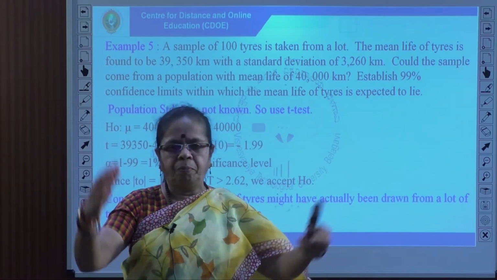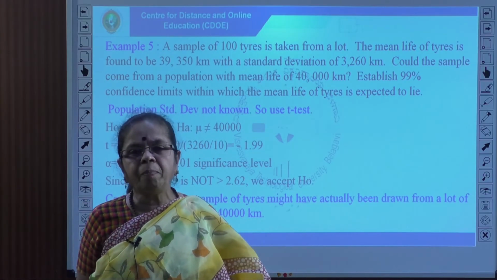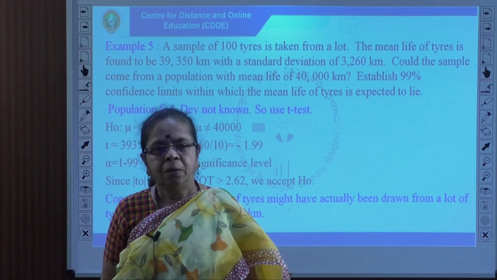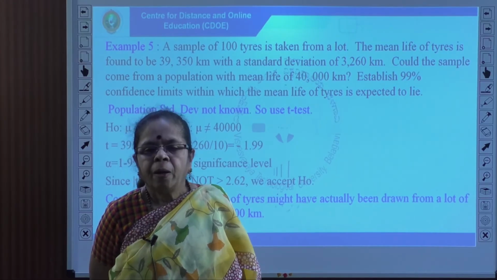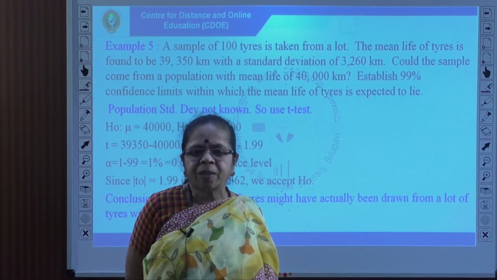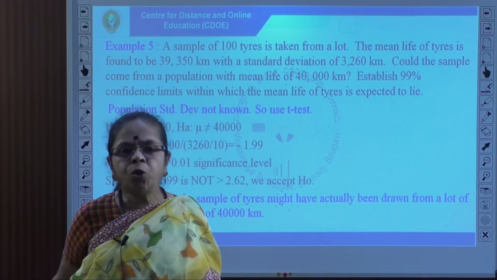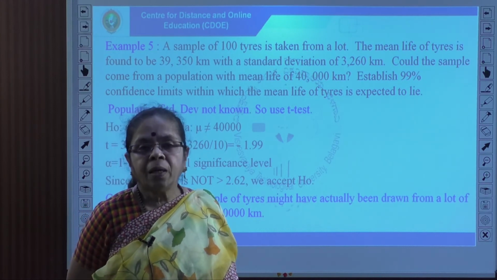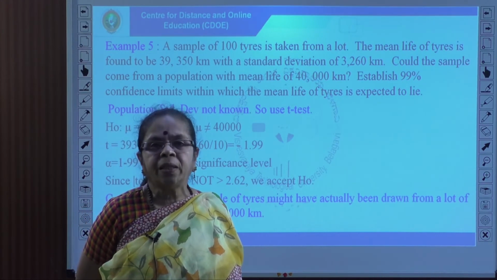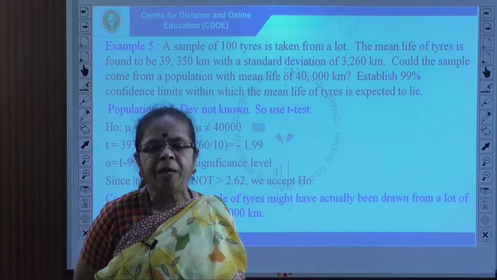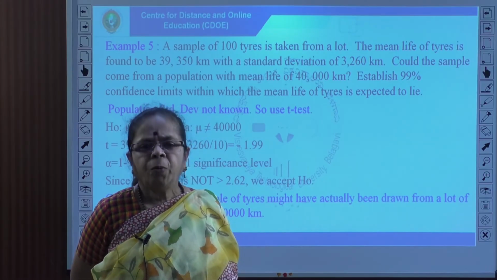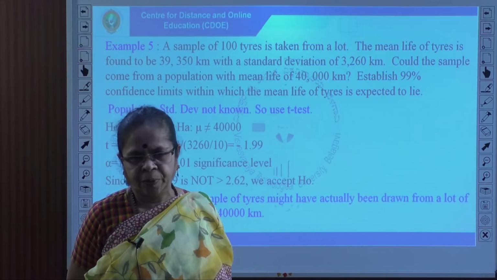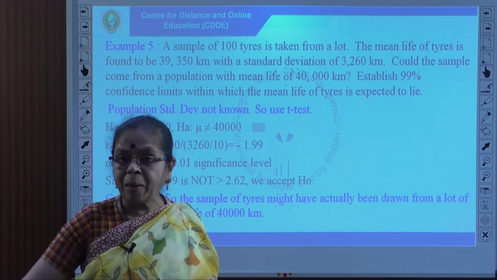I have a tire manufacturing company, I take 100 tires randomly and the mean life of these 100 tires is found to be 39,350 kilometers with a standard deviation of 3,260 kilometers. This is my sample.